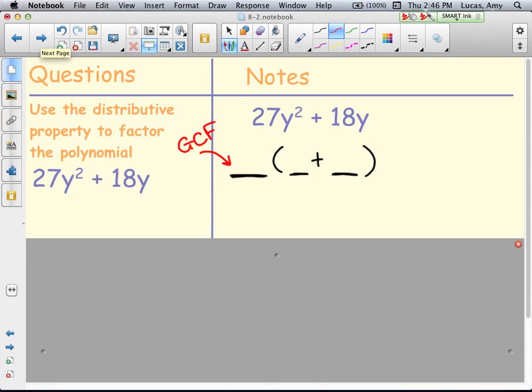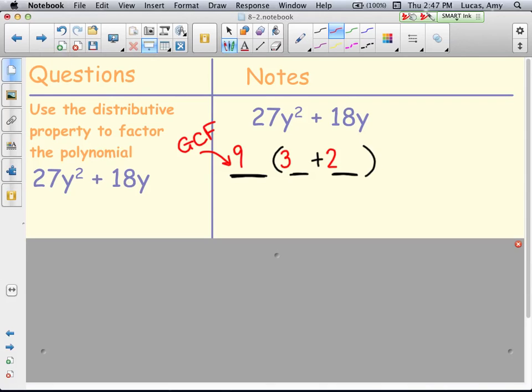So if you're good enough at finding the GCF now, in this section you won't have to do a factor tree. I know that the biggest number that I can divide into 27 and 18 is 9. It's 9. I know that 9 times 3 is 27, and 9 times 2 is 18. I also see that I have y to the second power and then y.